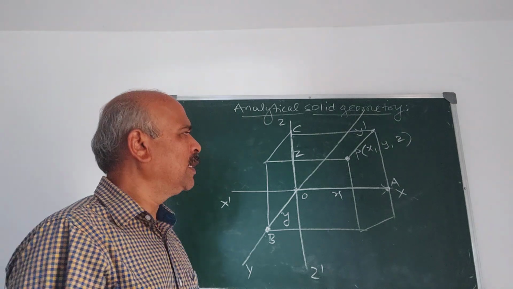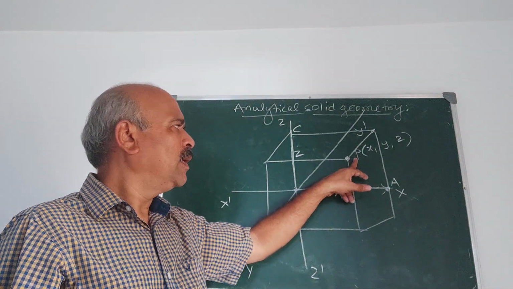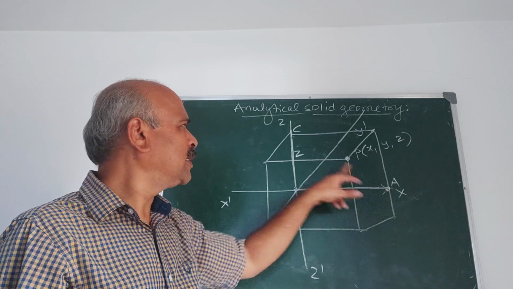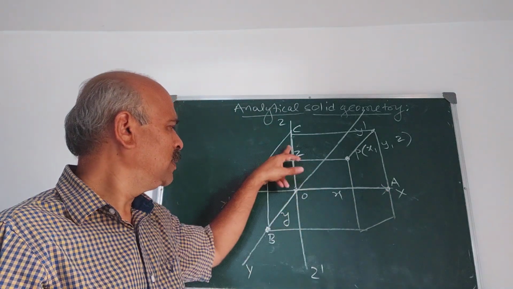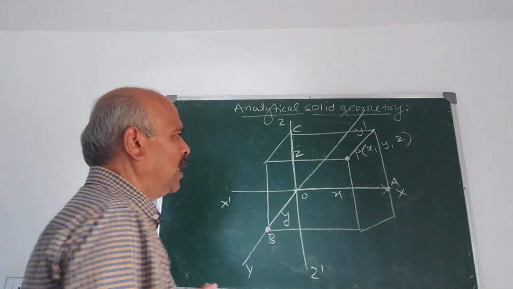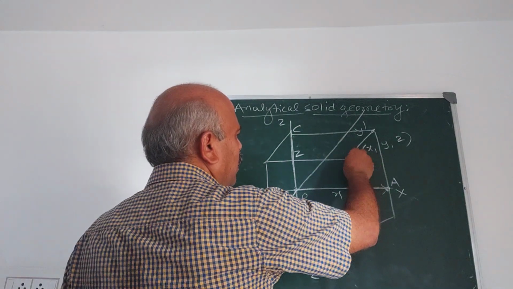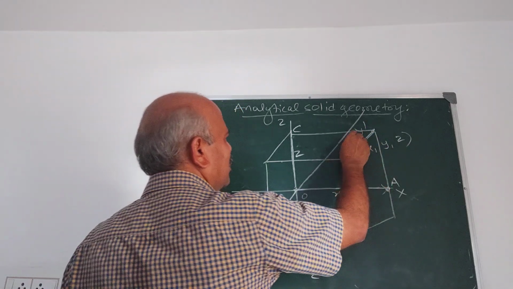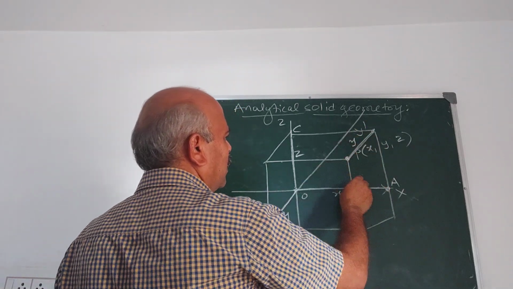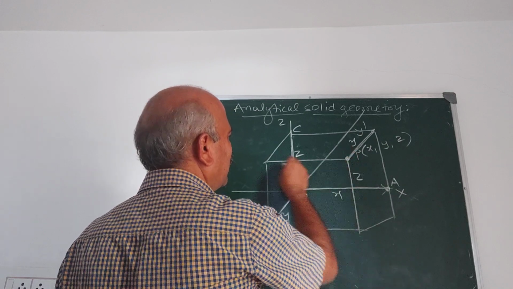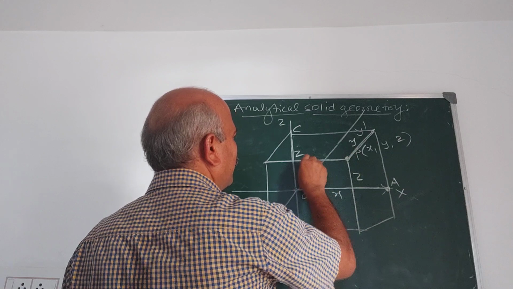Therefore, the coordinates of a point are the perpendicular distances from the x-axis, y-axis, z-axis. Or, by using this diagram, this is the y coordinate, this is the z coordinate, and this is also the x coordinate.